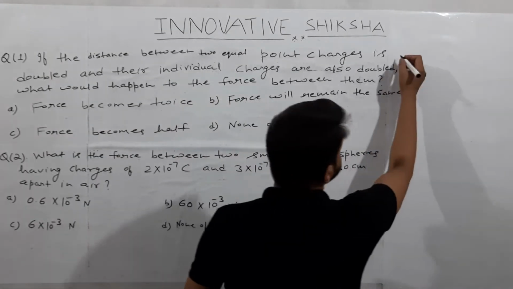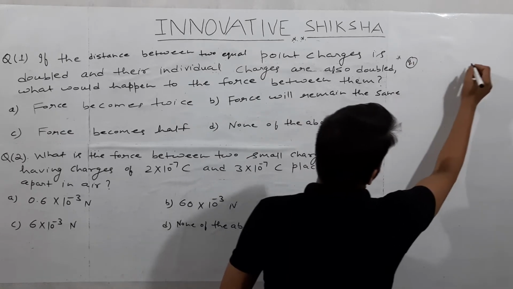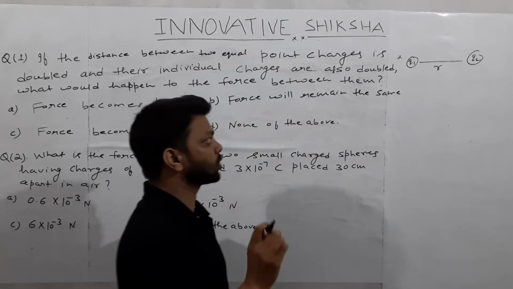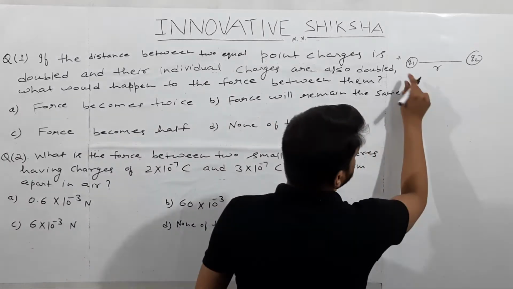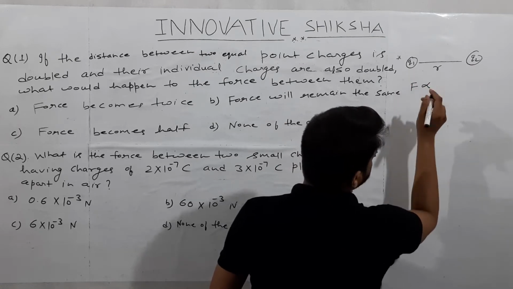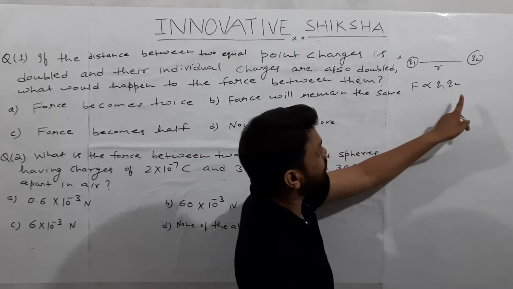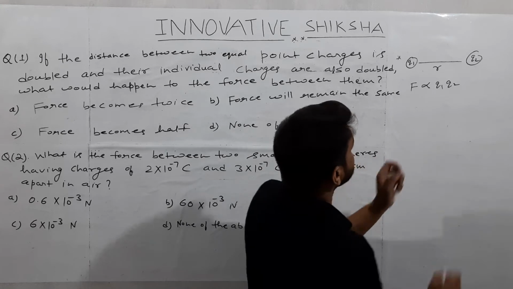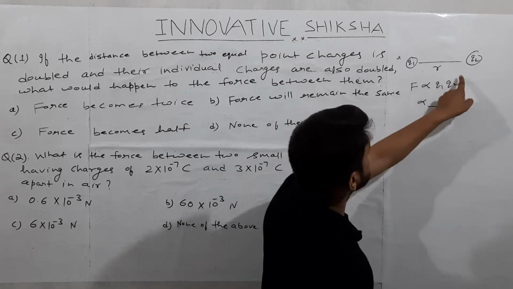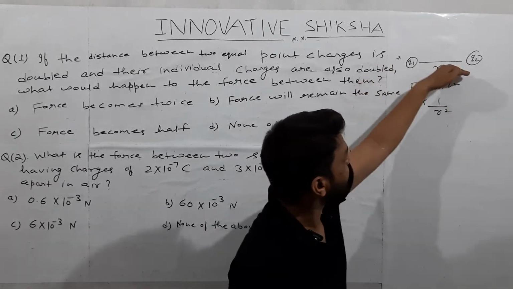Let us suppose we have two point charges q1 and q2 at a distance r. According to Coulomb's law, the electrical force between these two charges will be directly proportional to the product of the magnitudes of the two charges, right? And it is inversely proportional to the square of the distance between them. The electrical force also acts along the line joining the two charges.